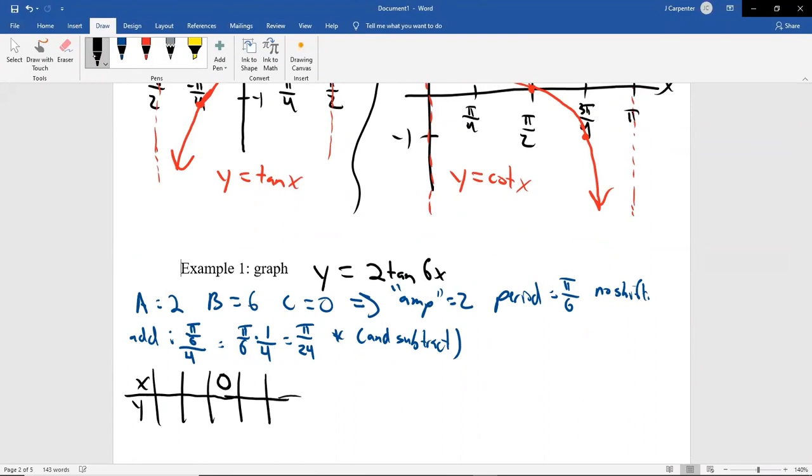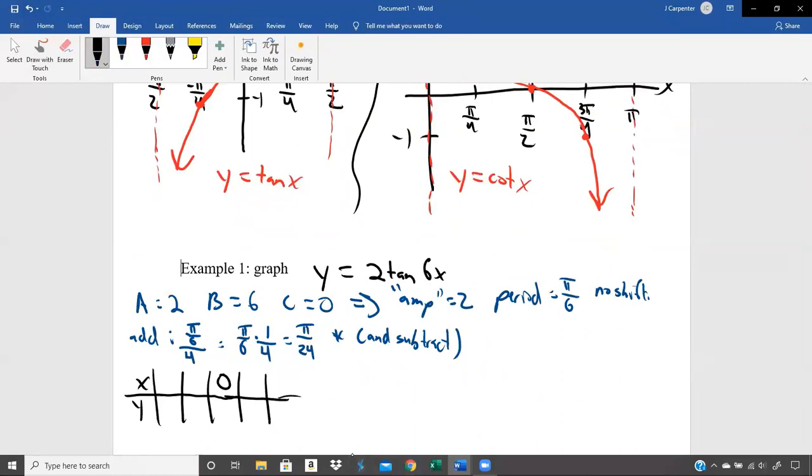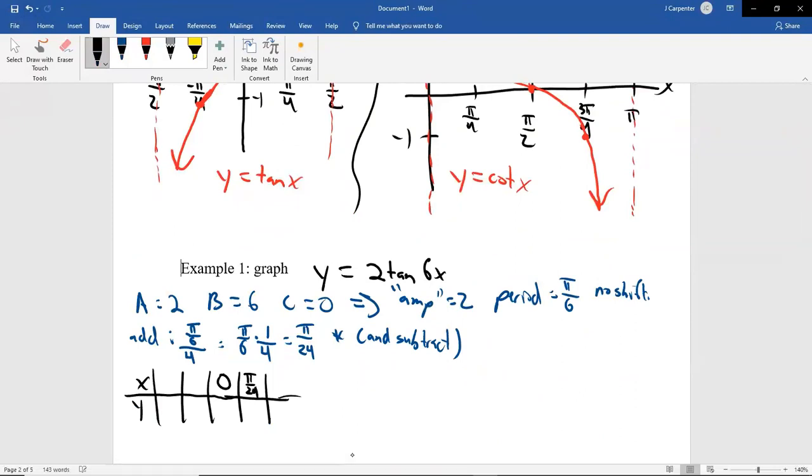The middle one is 0 because there was no shift. Then we'll keep adding pi over 24 to get the fourth and fifth one. So 0 plus pi over 24 is pi over 24. And then if you add pi over 24 again, you'll get 2 pi over 24, which is pi over 12.